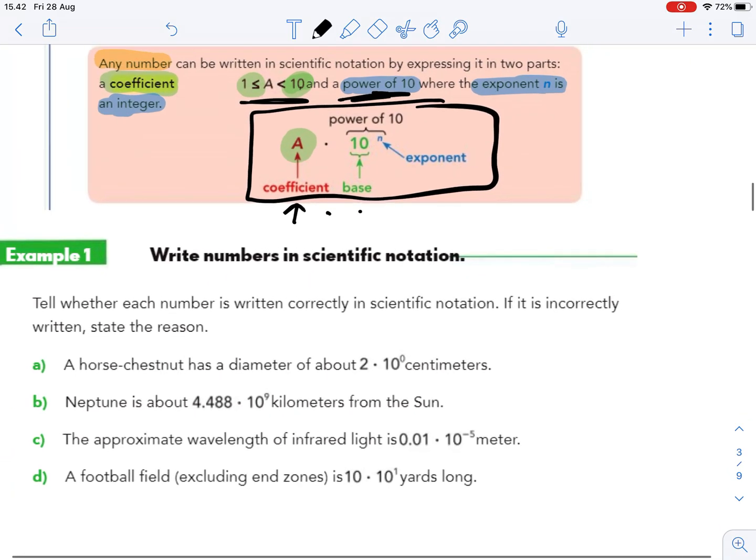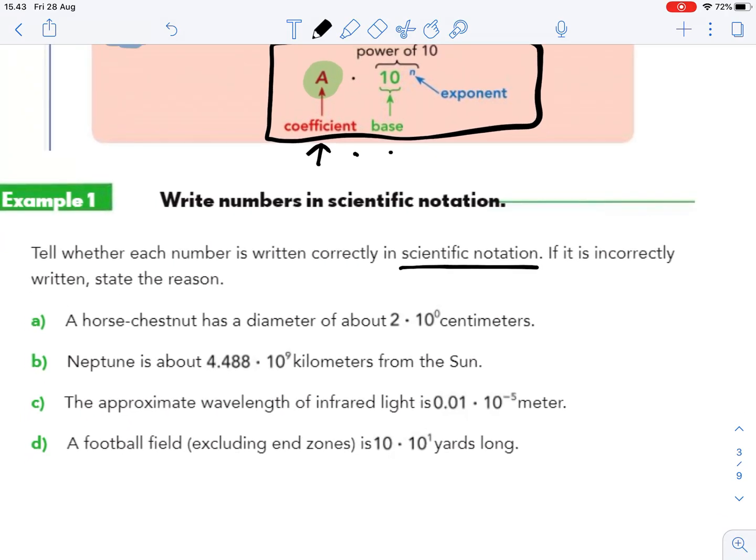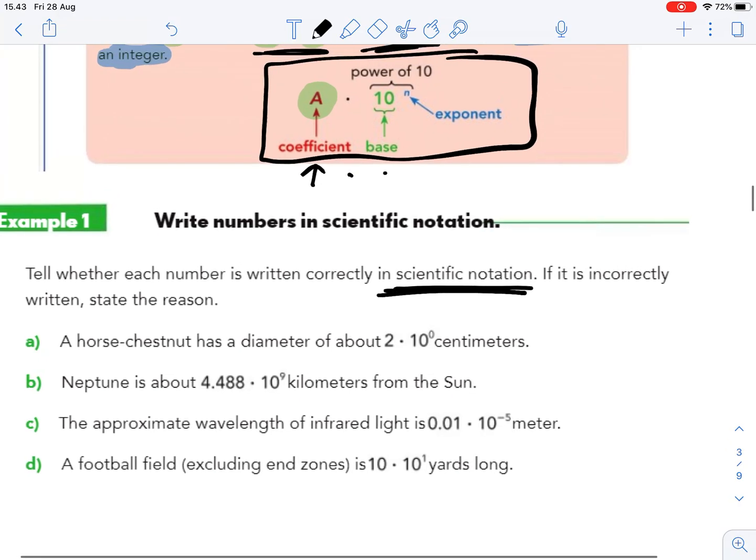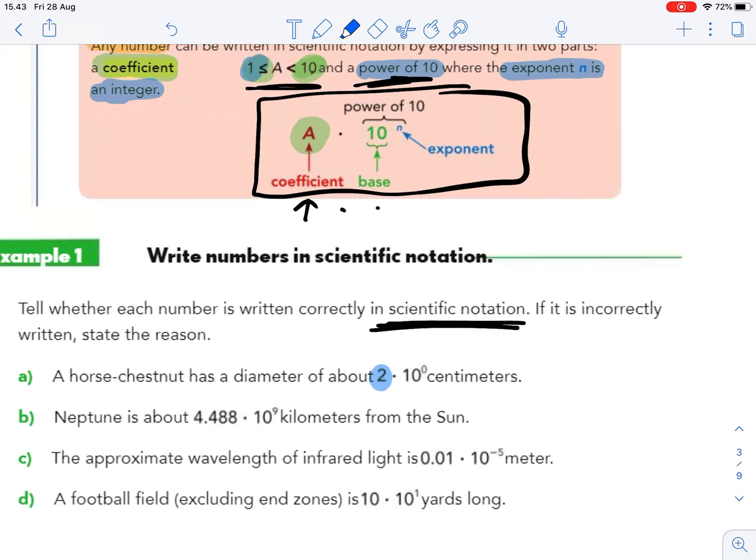Let's practice. Example 1, tell whether each number is written correctly in scientific notation. If it is incorrectly written, state the reason. Well, A says a horse chestnut, which I don't know what that is, but it has a diameter of 2 times 10 to the 0 centimeters. Is this in scientific notation? Well, this coefficient, is it between 1 and 10?